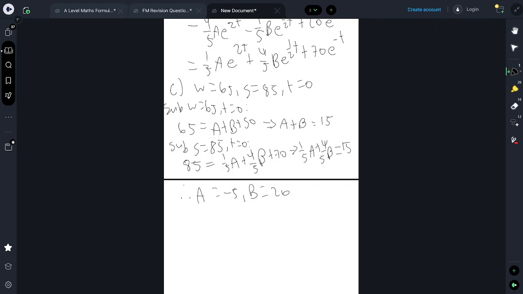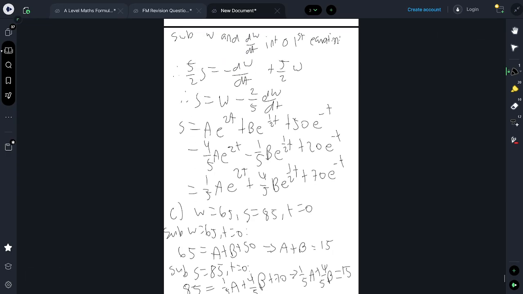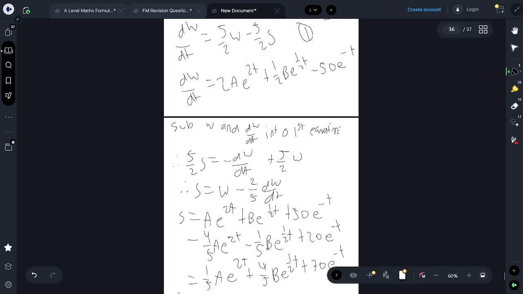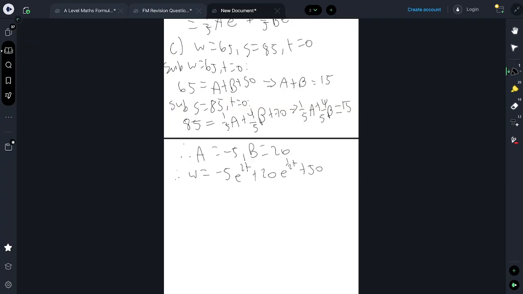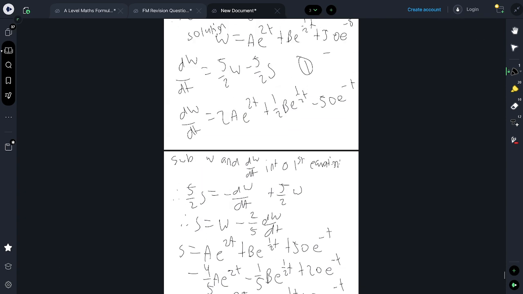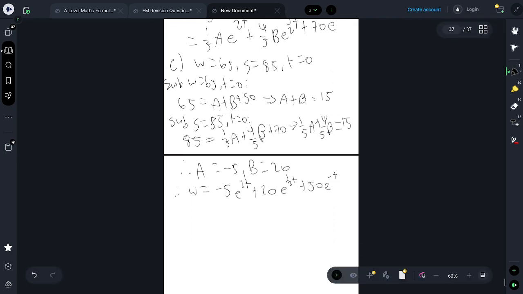So that means W, if you complete it, remember, was up here, A e to the 2t plus B e to the half t plus 50 e to the minus t. So it's minus 5 e to the 2t plus 20 e to the half t plus 50 e to the minus t. Yes, it was. Okay, cool.